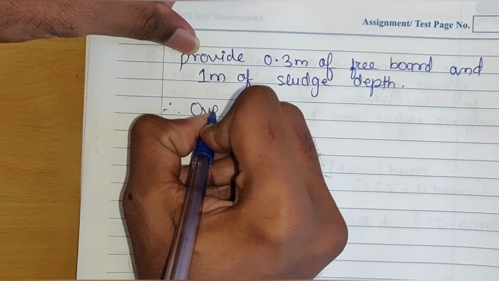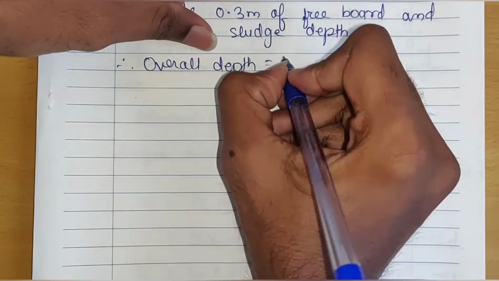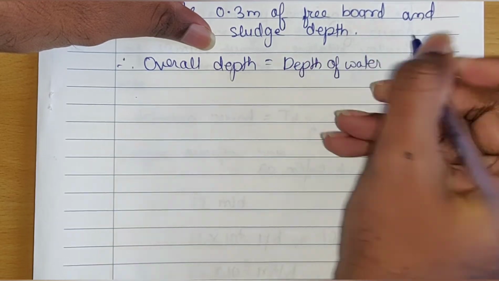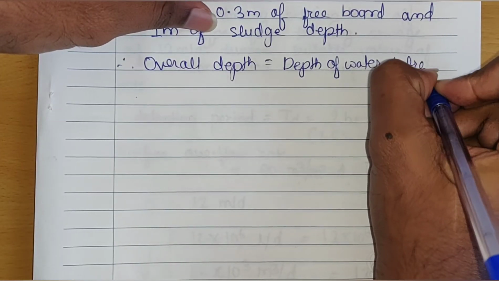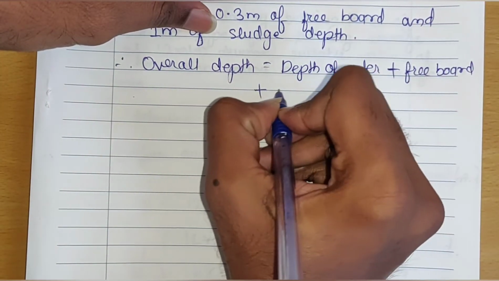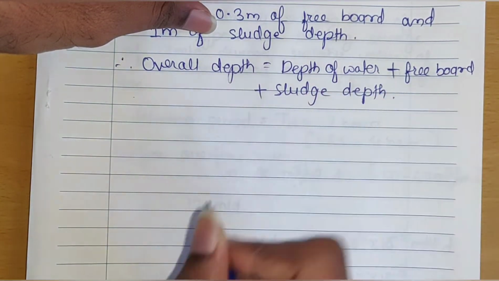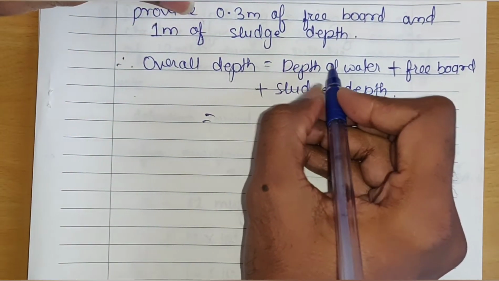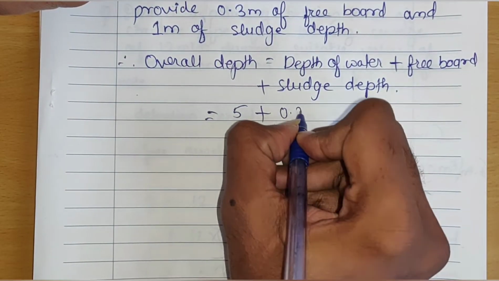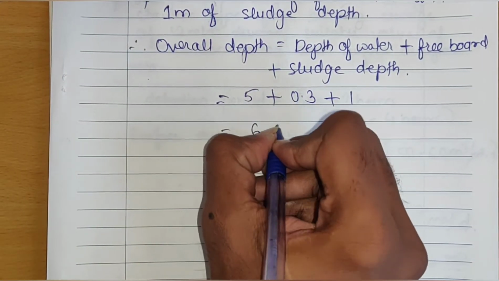Therefore overall depth will be the depth of water plus freeboard plus sludge depth. Therefore depth of water is 5 meter plus freeboard we have assumed 0.3 plus 1 meter. Therefore overall depth is equal to 6.3 meter.